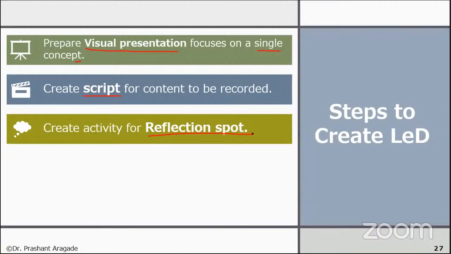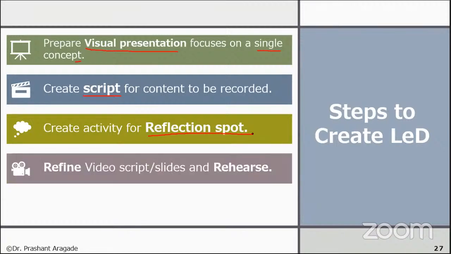Okay. Once you have added the reflection spot, then you have to practice and refine the video script or the slides. Try to match your script with the content of the slides. If there is some mismatch, then you have to refine it and then rehearse it. Okay. Practice, practice, and practice.